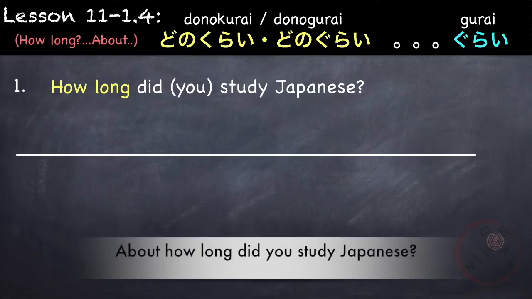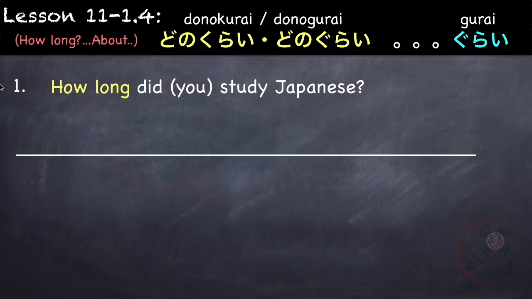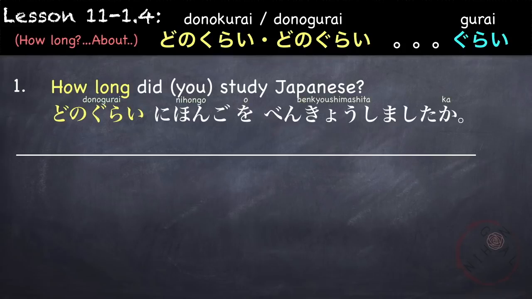For example, how long did you study Japanese? あなたはどのぐらい日本語を勉強しましたか? You can also say 日本語はどのぐらい勉強しましたか? As for the Japanese language, how long did you study?